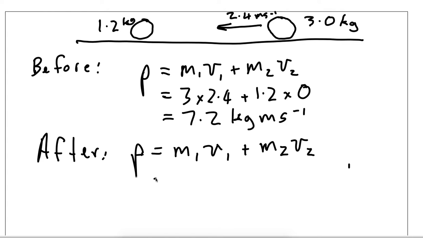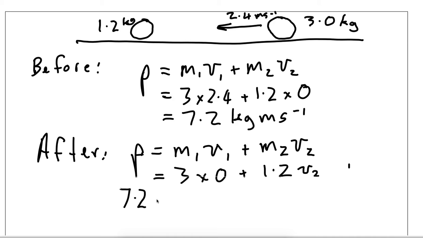After, we've been told that the 3 kilogram ball has a velocity of 0, it's stopped, and the 1.2 kilogram ball has a velocity of V2, which we haven't figured out yet. But what we do know is that P overall is going to be 7.2 because it's the same as before. The momentum is conserved overall.